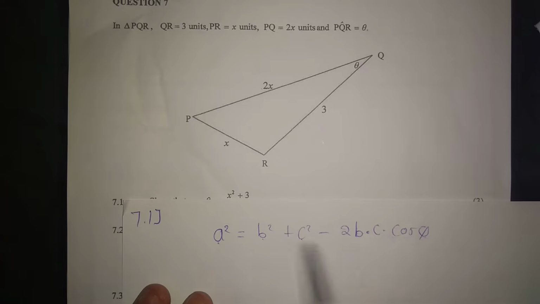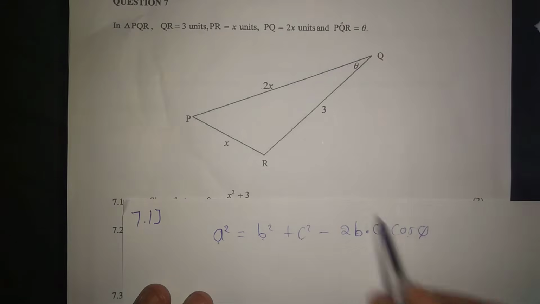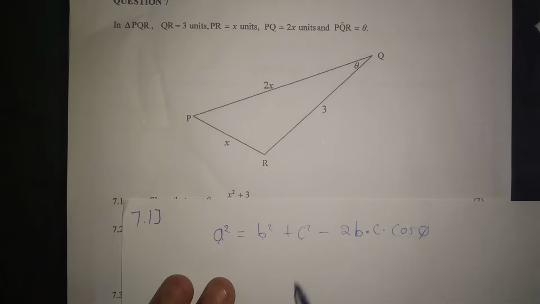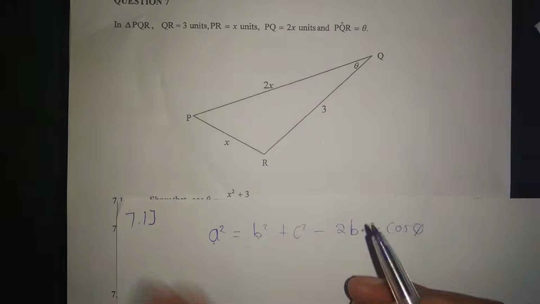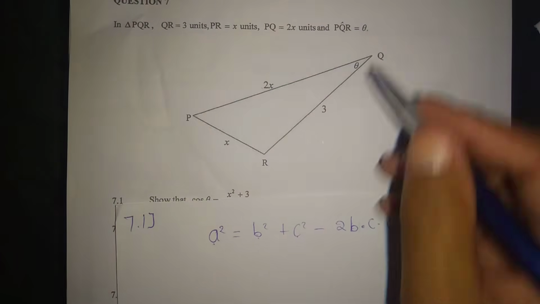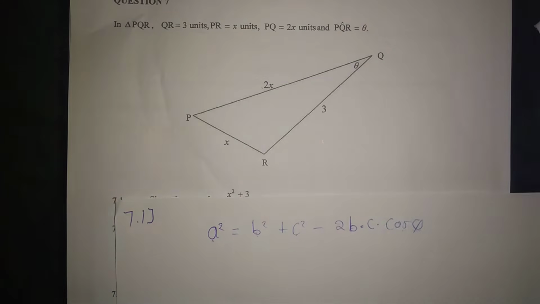This side a is always opposite to this angle. In this case, with theta, the angle is opposite to the side PR, which is x, right? And then b and c are the sides beside this angle of theta, right?